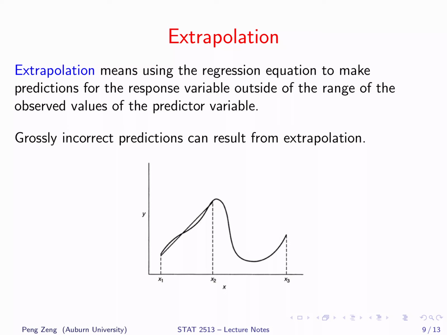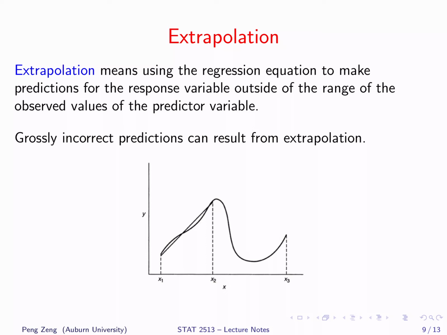When using the regression equation for prediction, we need to be very careful about extrapolation. Extrapolation means using the regression equation to make predictions for the response variable outside the range of the observed values of the predicted variable. Grossly incorrect predictions can result from extrapolation.